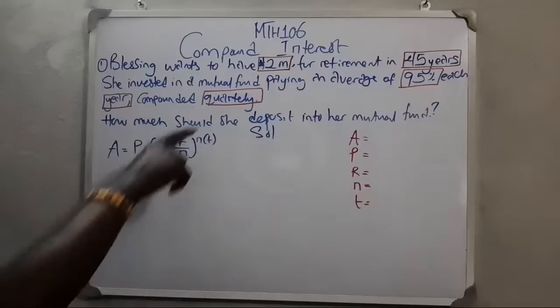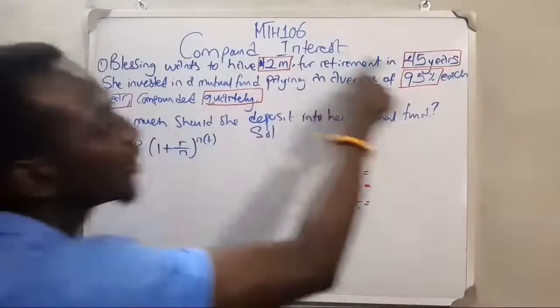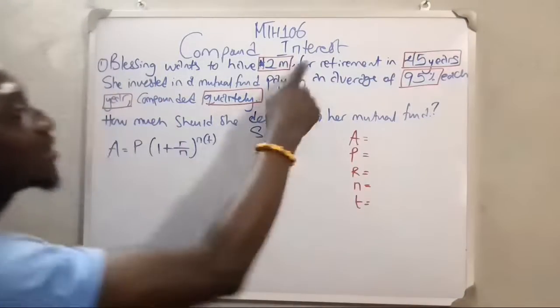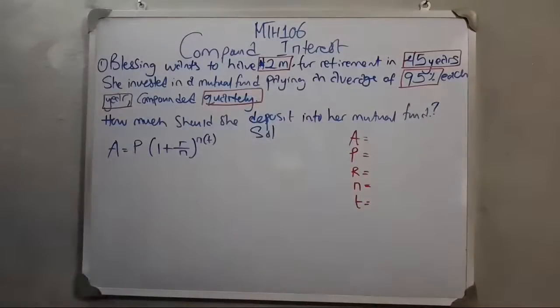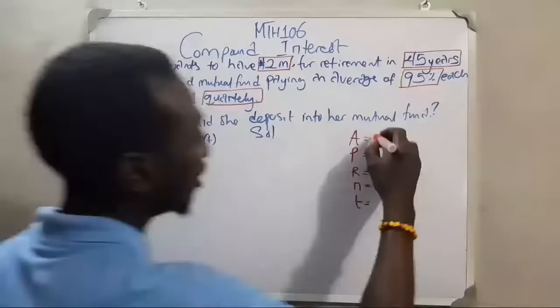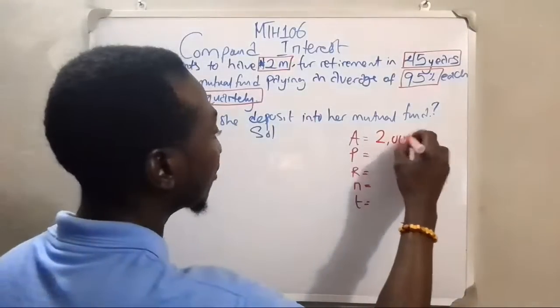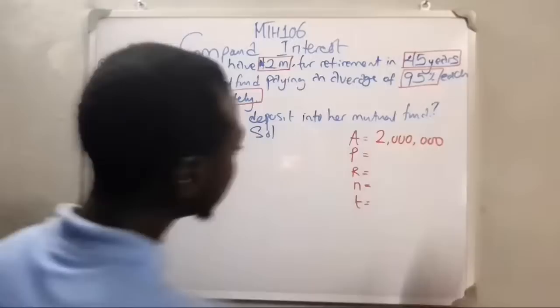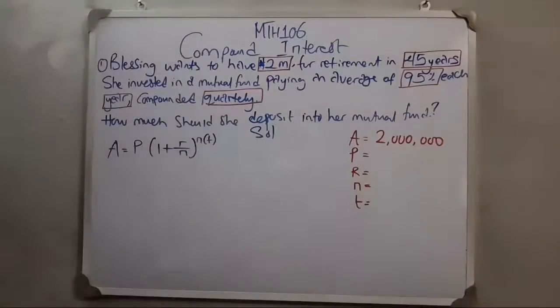The question says she wants to have 2 million for retirement in 45 years. This is the total amount, which is A, so we don't have P. It's 2 million naira, that is A.